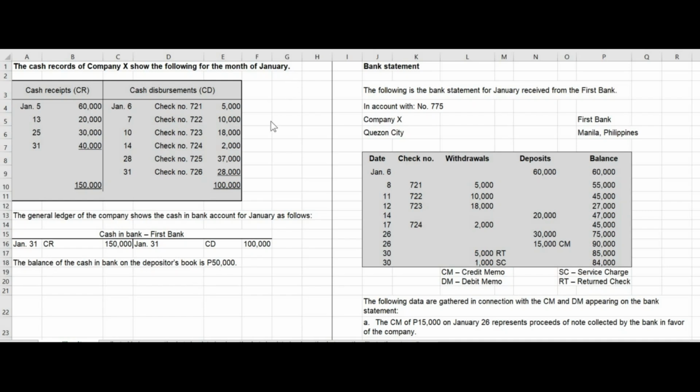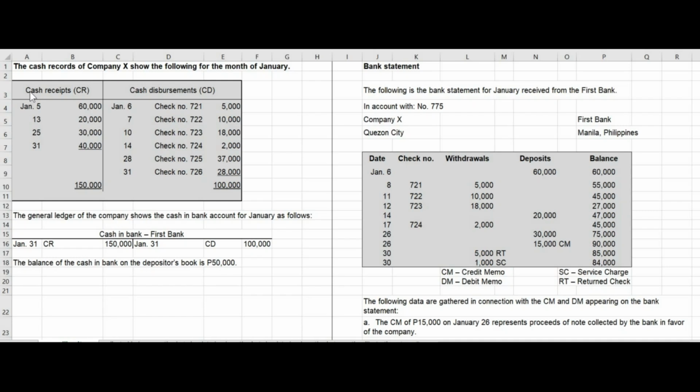So first, of course, you should have your records per book, and you can get that from the cash ledger, or your ledger ng cash and bank mo. And also, another is your bank statement. So you will need your bank statement.